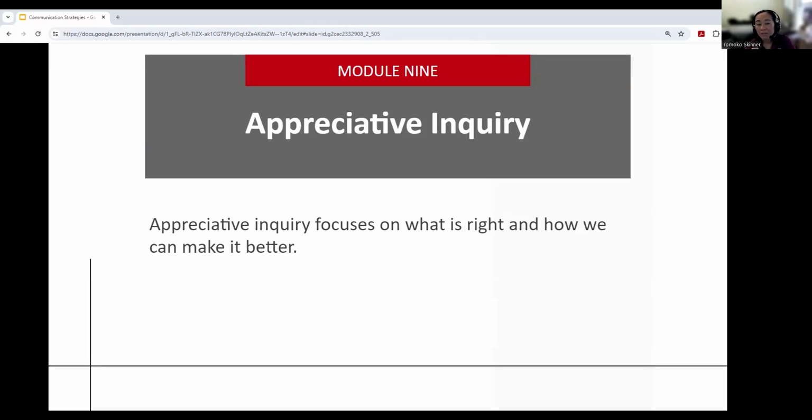This module will give you a brief state of what AI is all about. So this AI is not the ChatGPT AI. So let's go to the module.